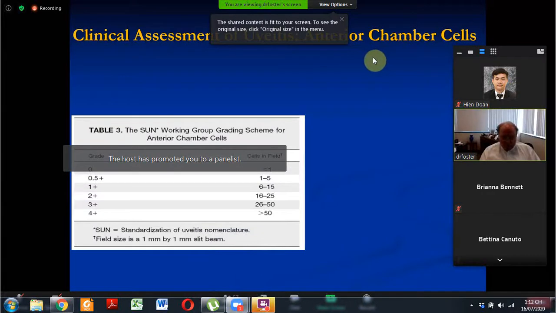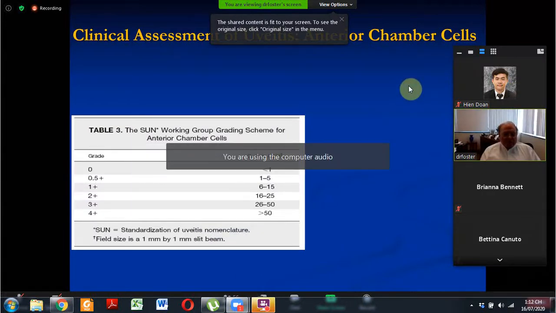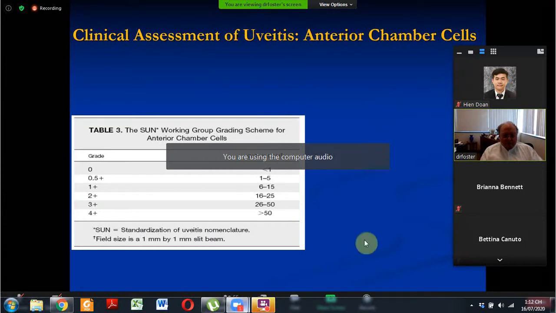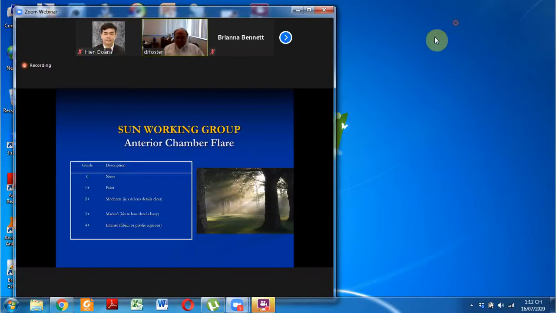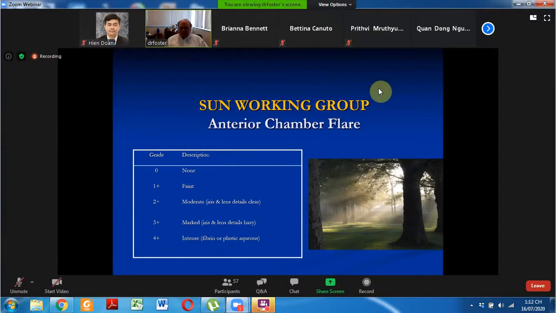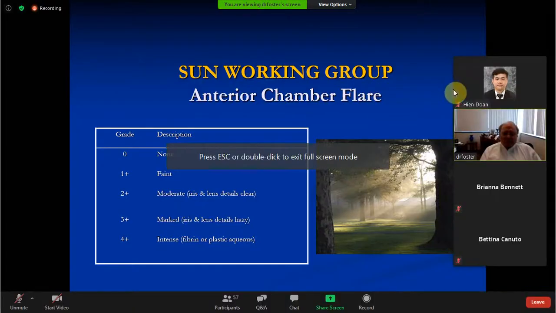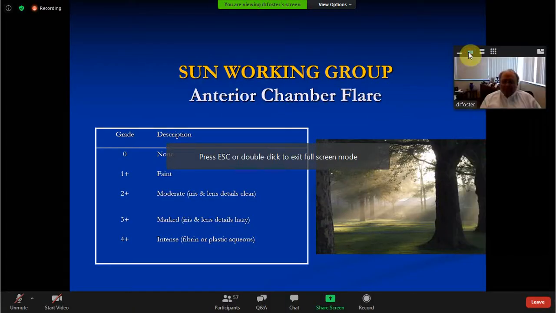Recommendations for grading anterior chamber cells. You see their system here. I try to abide by that system. And then, of course, there's also the matter of the vitreous. Now, the anterior chamber can contribute to the so-called flare, the leakage of protein into the anterior chamber, and one wants to try to grade that.